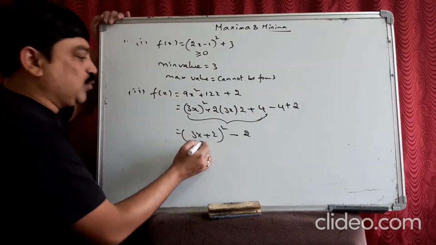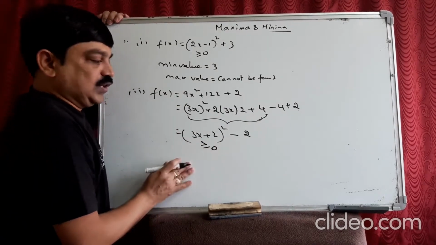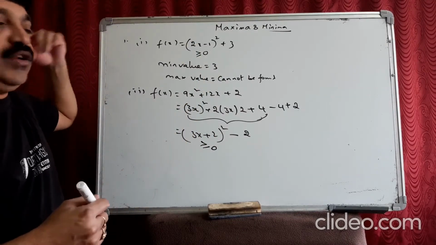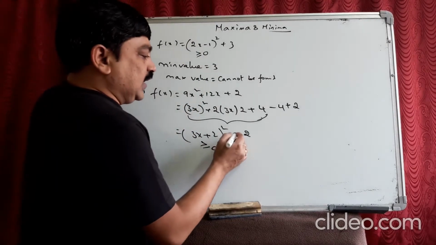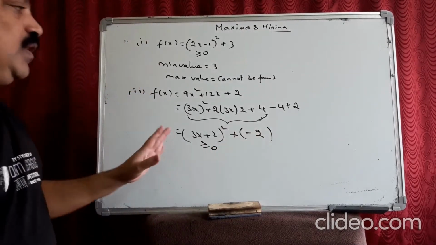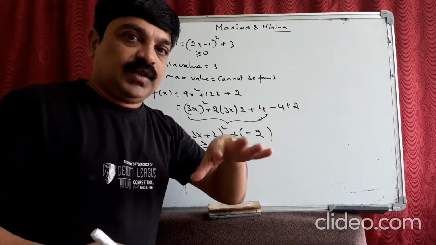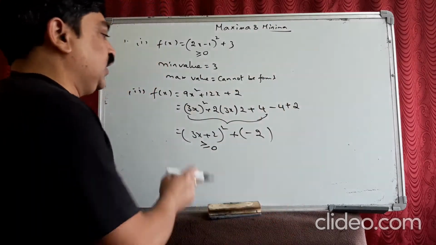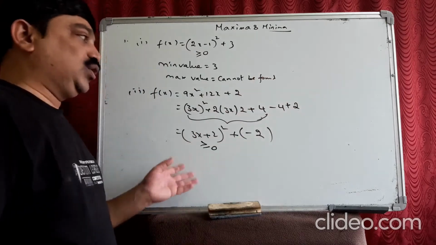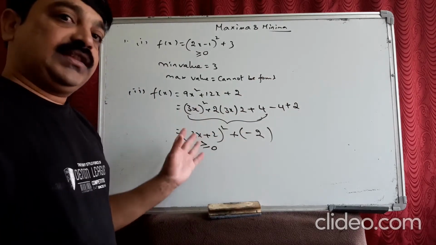Whole square is always positive. So a positive value minus 2. That means the value will be increasing from minus 2. After this value, this is a positive value. When you add 1, it becomes minus 1. When you add 2, it becomes 0. When you add 3, it becomes 1.